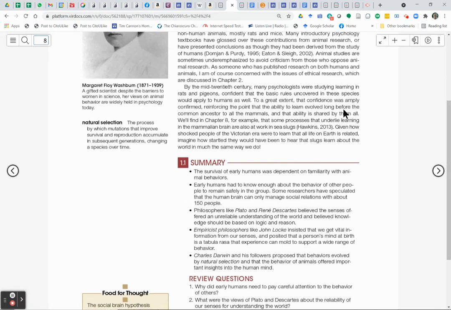And Skinner was anti-theory and thought that if you just understood the principles of behavior, you could apply them everywhere. That did not turn out to be true.